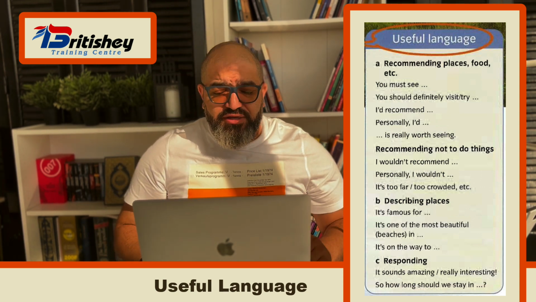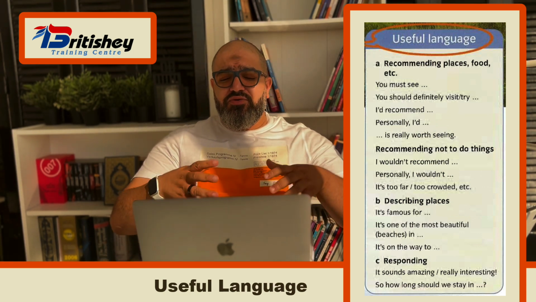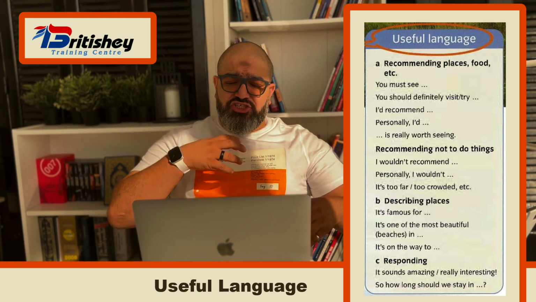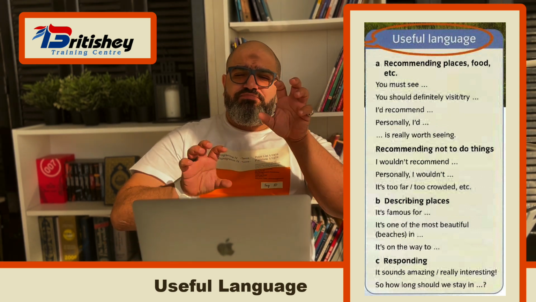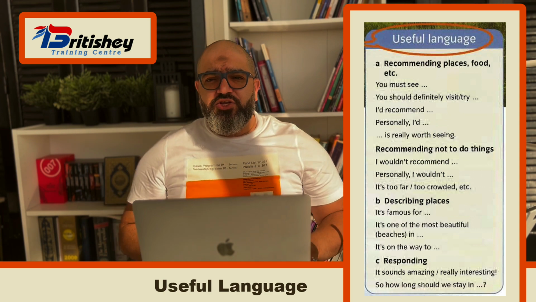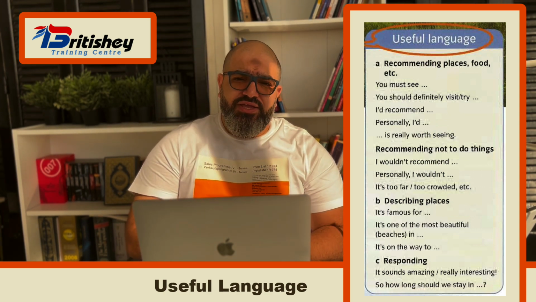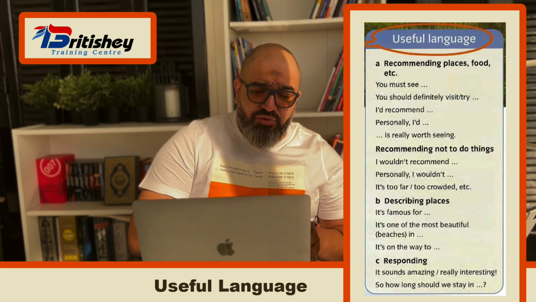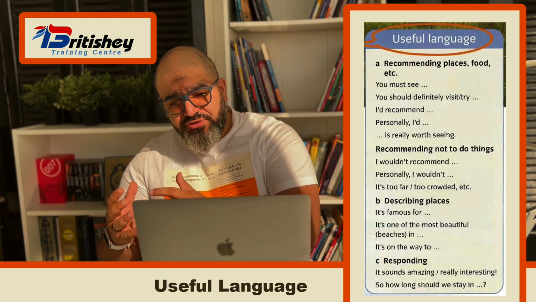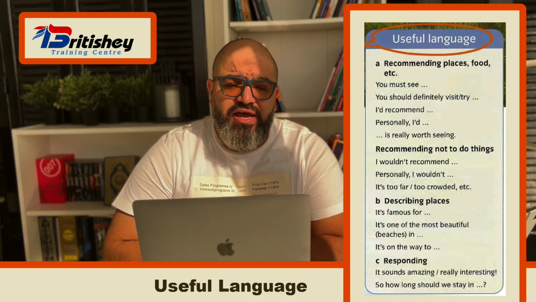In a third column, describing places. In a fourth column, responding. And then you can take those phrases and shuffle them and ask your students to take the phrases back and put them under the right column. So this is a kind of indirect way of teaching your students this useful language before you come to the speaking task.